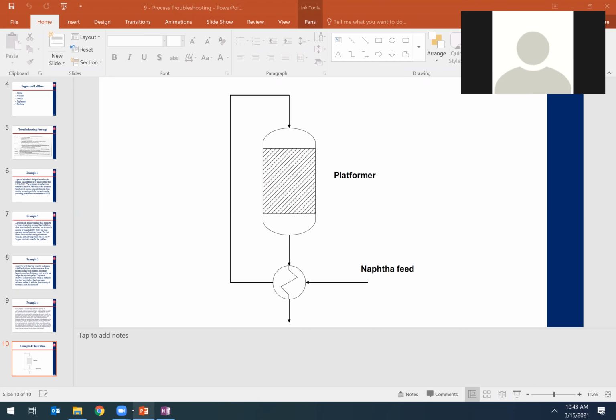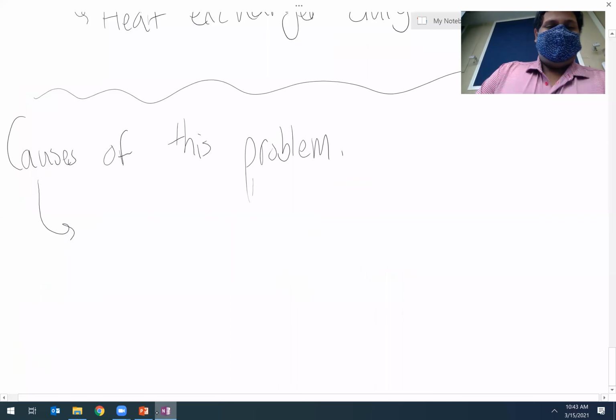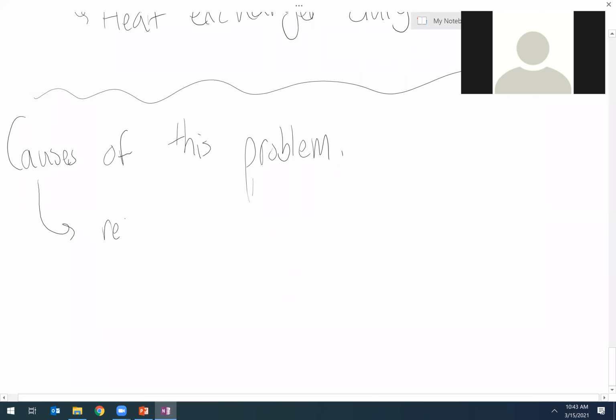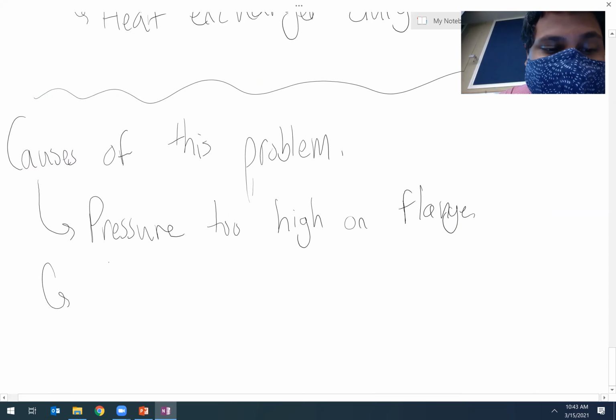So maybe the pressure on that flange is too high, causing it to leak. All right, I'm going to go ahead and say it too.